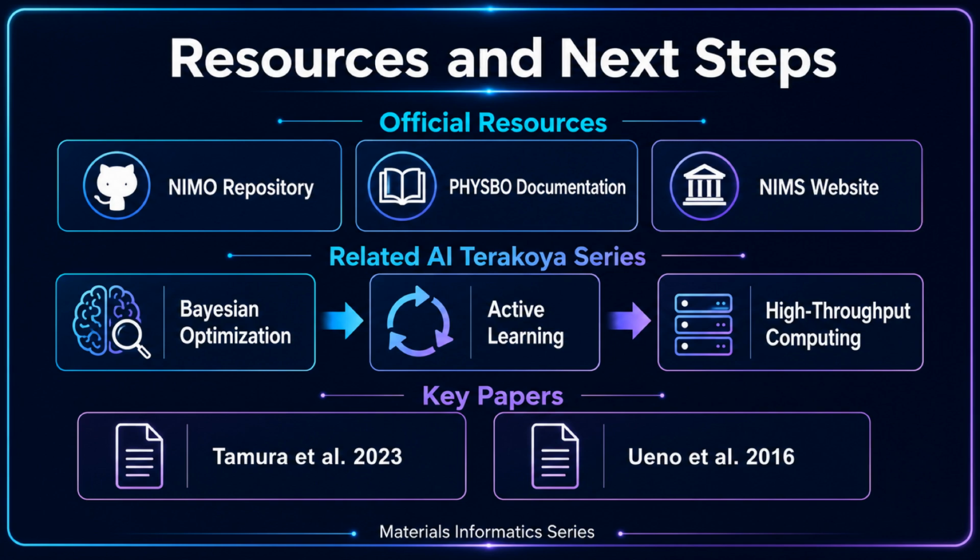For deeper understanding, I recommend our related AI Terakoya series: Bayesian Optimization Introduction for the mathematical foundations, Active Learning Introduction for advanced experiment selection strategies, and High-Throughput Computing Introduction for scaling up computational workflows. Key papers by Tamura and colleagues on NIMSOS, and Ueno and colleagues on COMBO, provide the academic background.